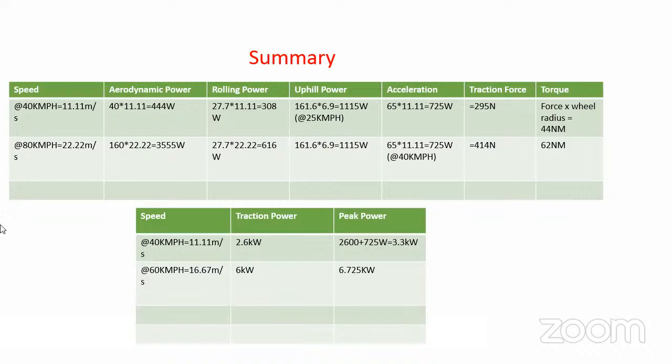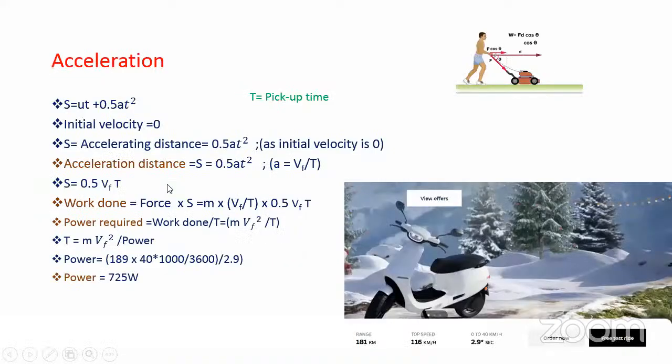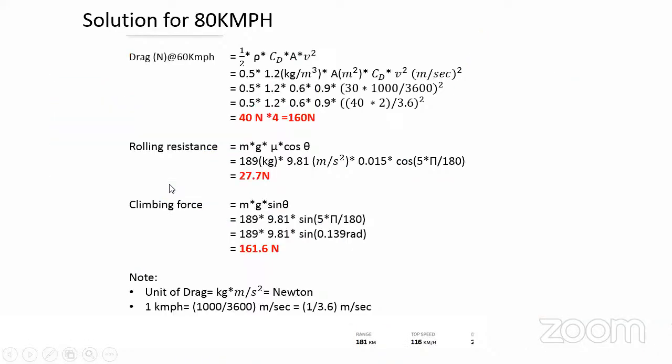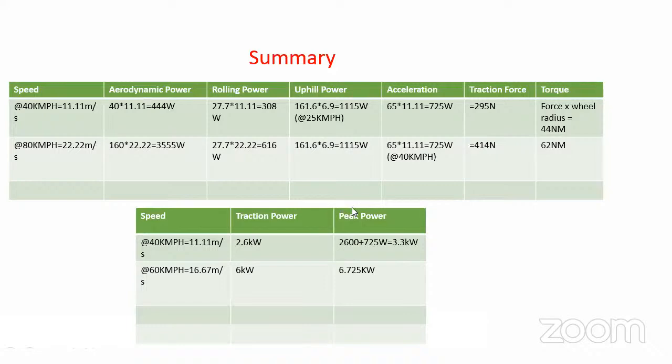So this is the data, this is the study, what you have to do if you want to make or design a vehicle or design the subsystems, what motor we have to choose or what battery you have to choose. I have not shown the battery, but I think it needs some more time. So if you take that, you will be able to understand what capacity of motor we have to buy, and how much force and how much torque is required.